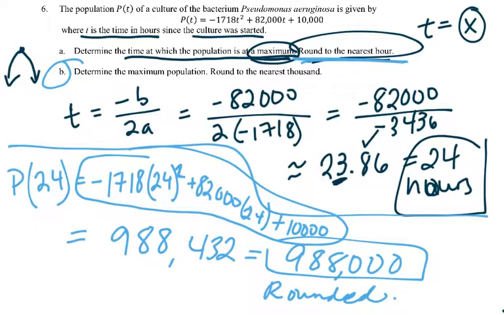When you press enter, you get 988,432, and we're told to round to the nearest thousand, which would be 988,000 because the neighbor to the right of the thousands place is a 4 or less, so it rounds back down to the original thousand that it was already at, which is 8,000.